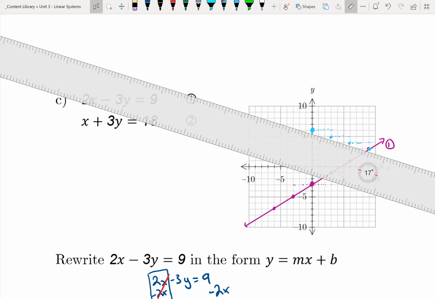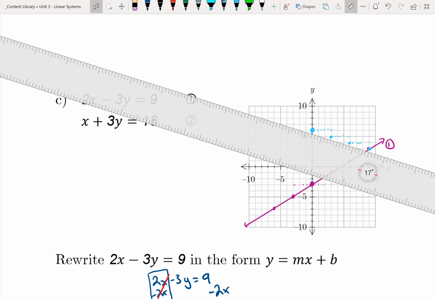So we have 2x minus 3y equals 9. Just for reference down here, the point of intersection was 9, 3, I believe. Yep, 9, 3. So I'm going to take these two values, again remembering that a point is just an x coordinate and a y coordinate, and plug them into the equation.